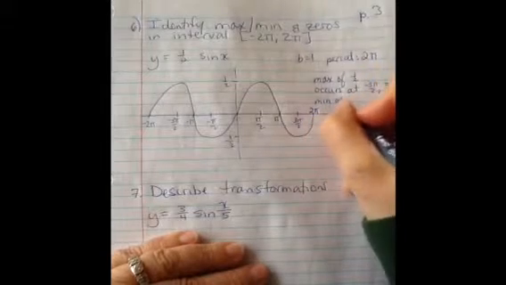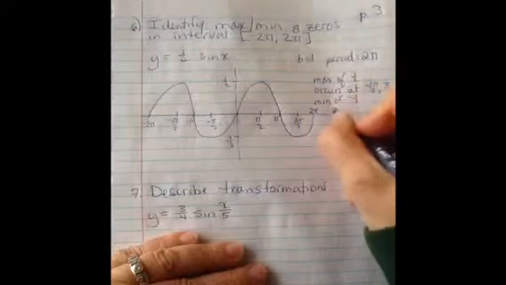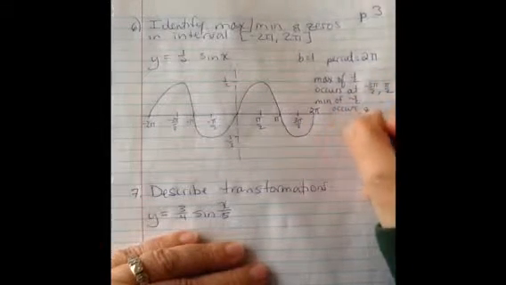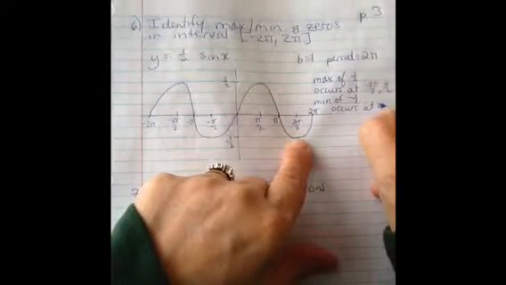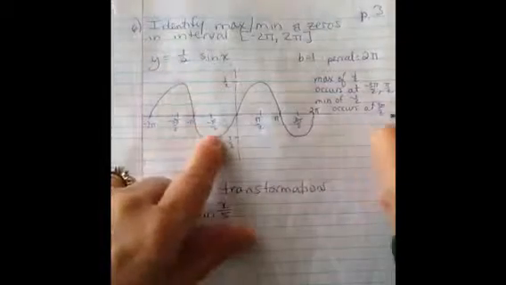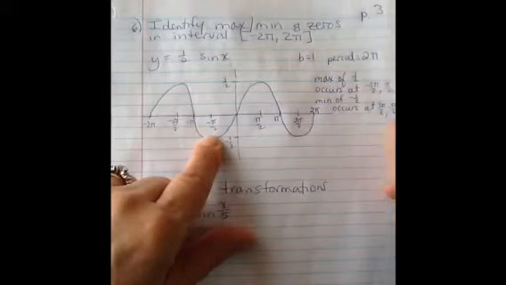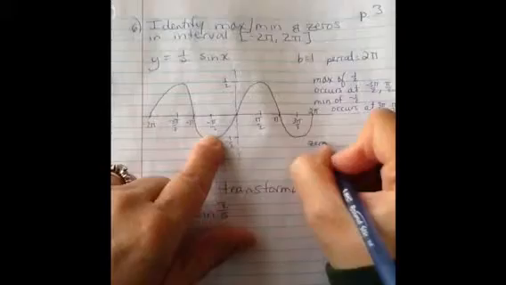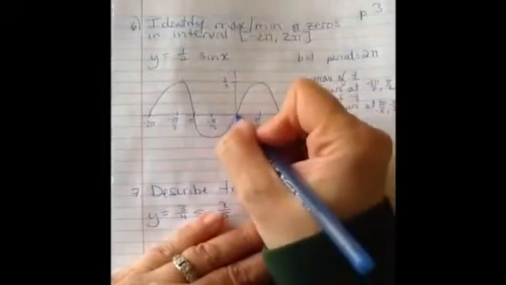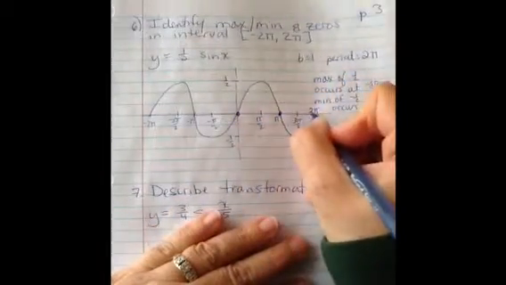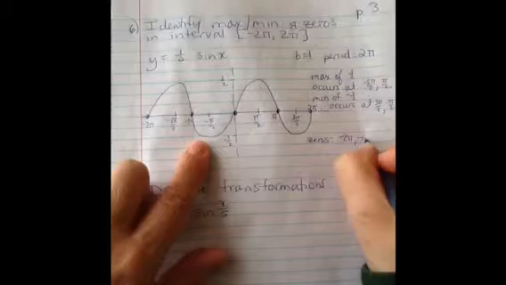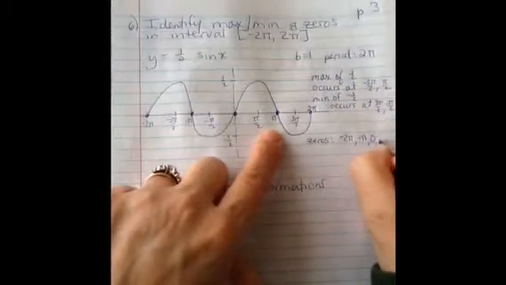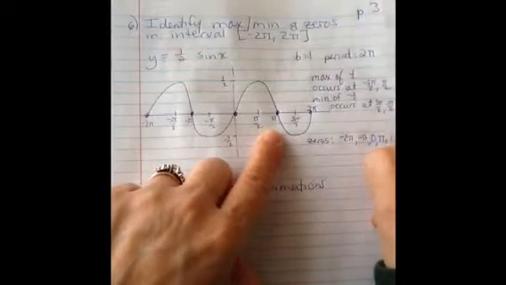Min of negative 1/2 occurs at 3 pi over 2 and negative pi over 2. My zeros, they occur here, here, here, here, and here. So the zeros are at negative 2 pi, negative pi, 0, pi, and 2 pi.